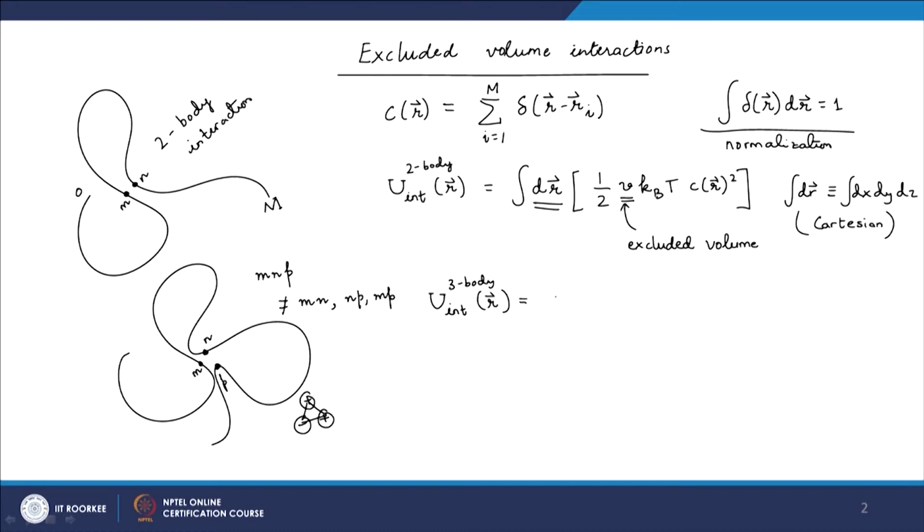Now, we will have something of the order of c cubed in place of c squared, because now we are looking at a product of three delta functions as opposed to two in the case of a two-body interaction.